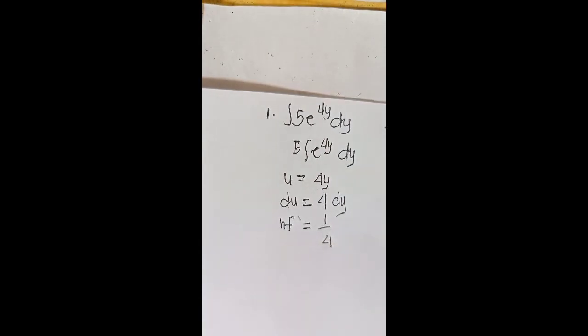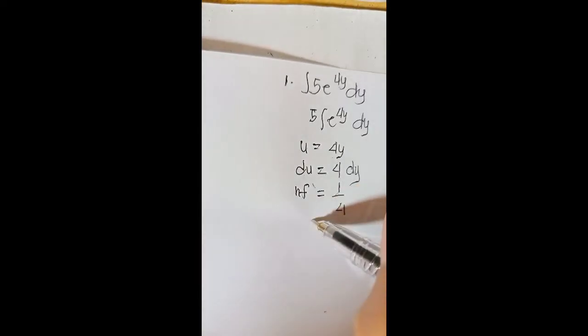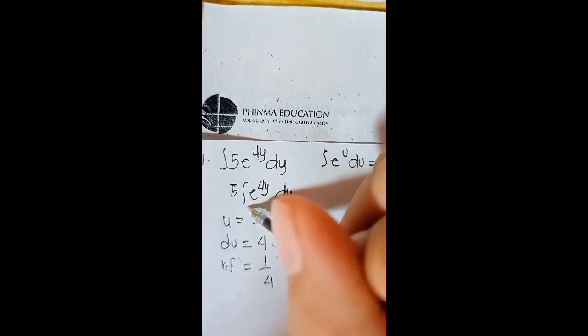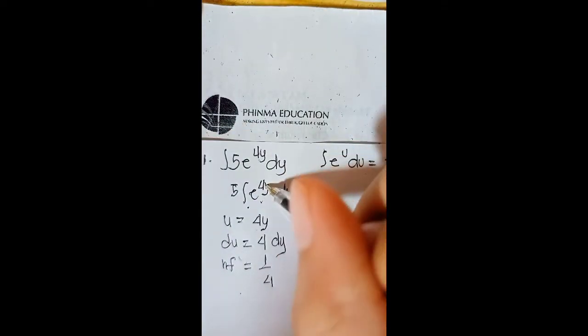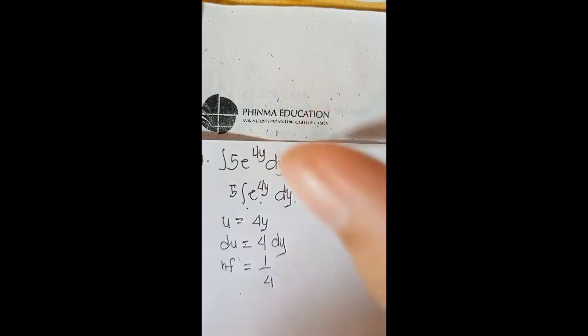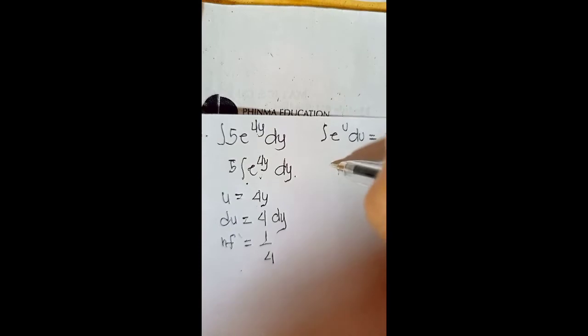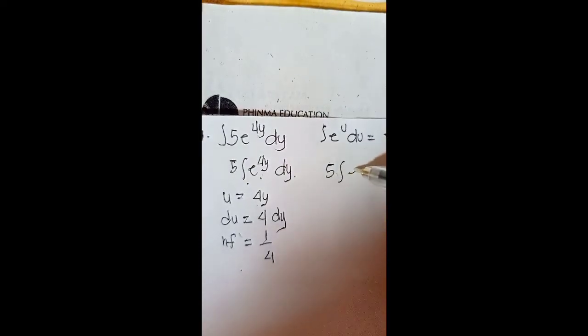So now we can apply the rule. 5 times the integral of e raised to 4y dy, we should rewrite it: 5 times the integral of e raised to 4y dy.